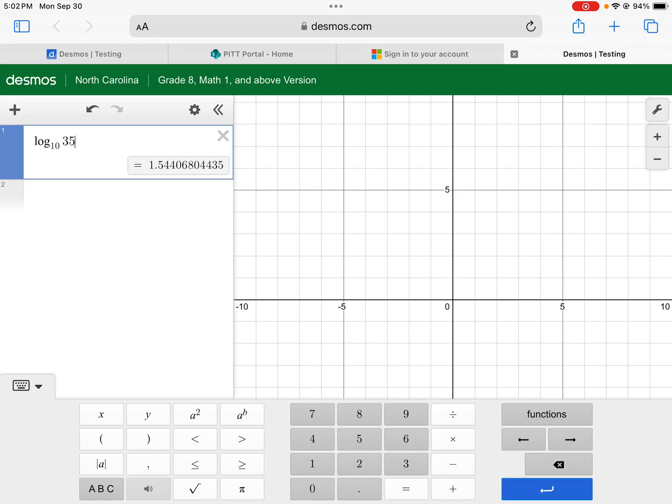I would keep all of those decimal places, and I wouldn't round until you got to adding 2 to that. Or if you feel comfortable with how to put things in Desmos, put that whole thing, log base 10 of 35, in parentheses, and then do plus 2.